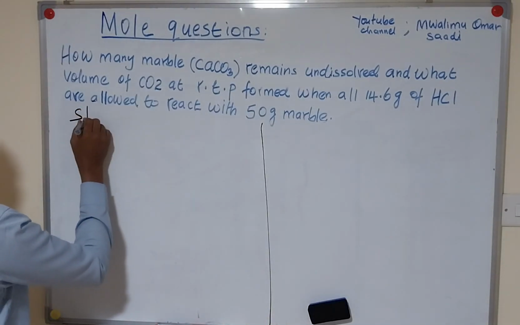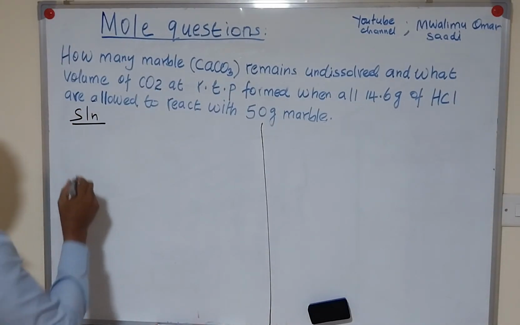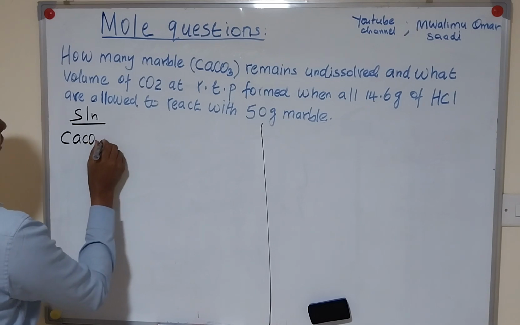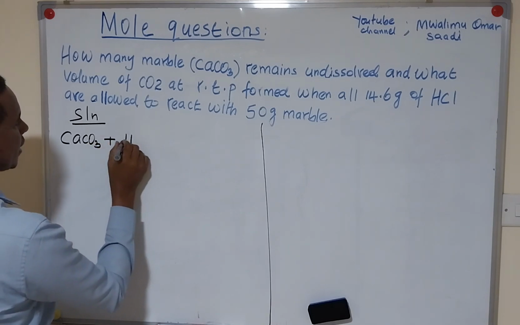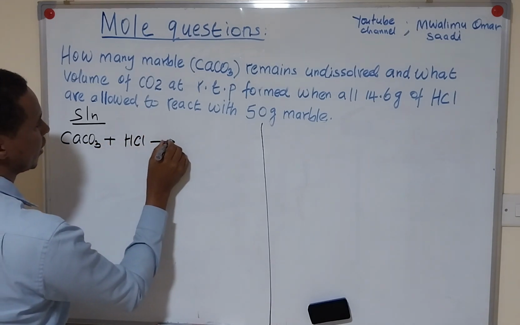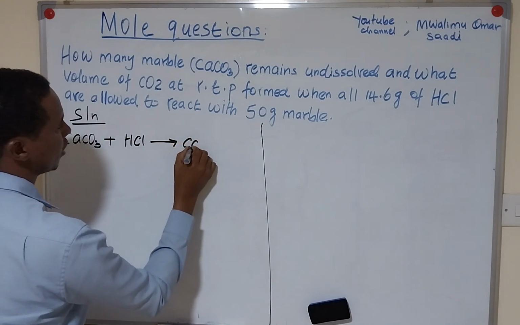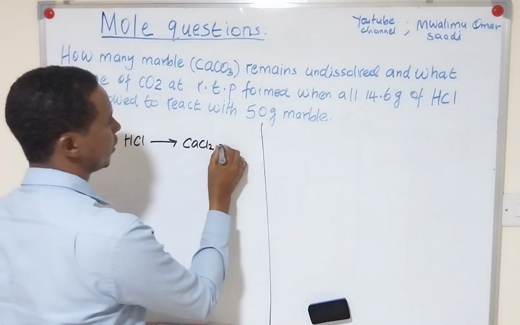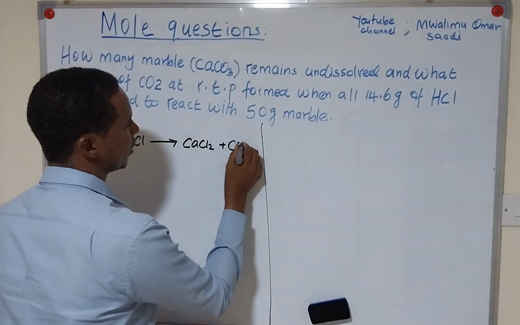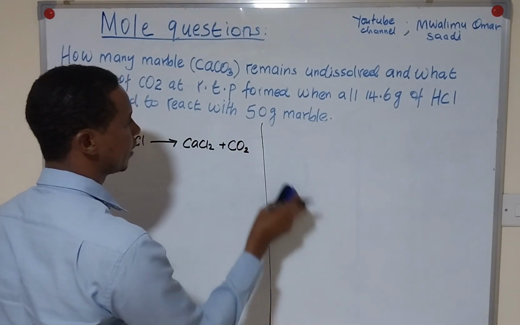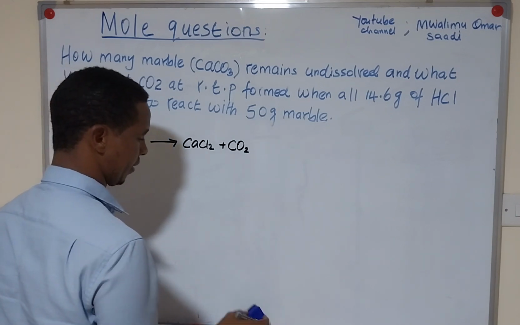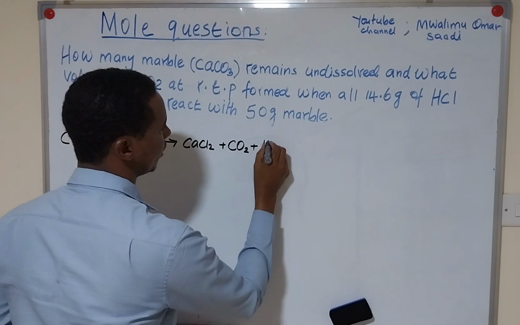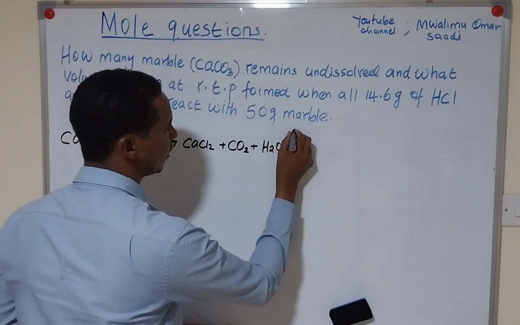Calcium carbonate plus hydrochloric acid forms calcium chloride, carbon(IV) oxide, and water.